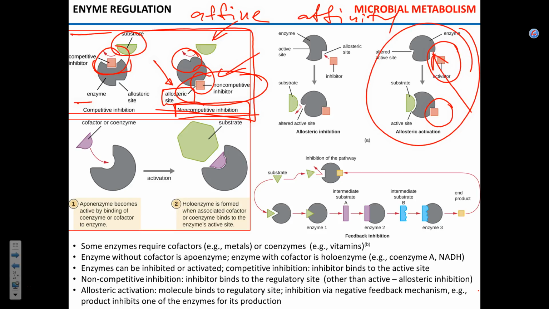You may say, wait a minute, how can an activator bind to the active site? Well, there are enzymes that require, for instance, the presence of magnesium or manganese or zinc in the active site. If you remove it, the efficiency will drop significantly.